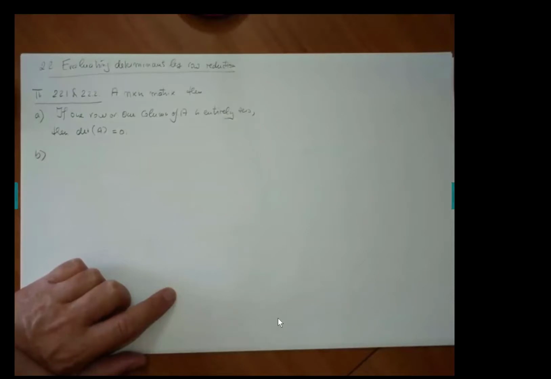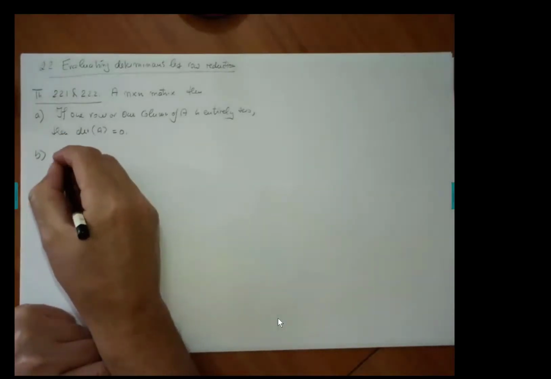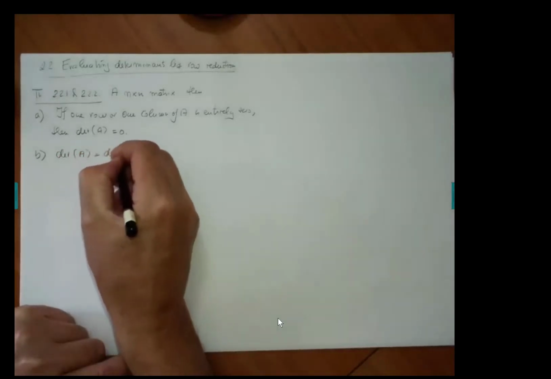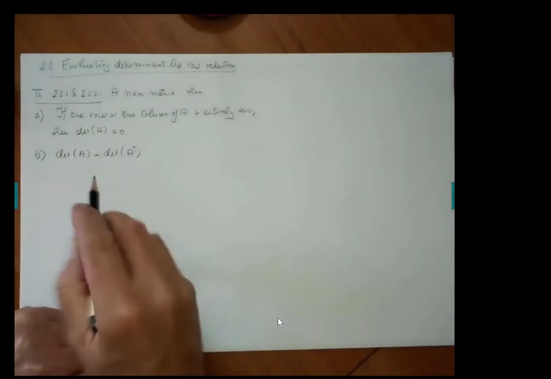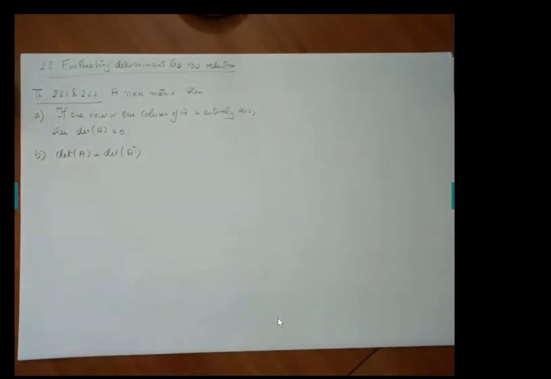That means if you calculate the determinant of A or the determinant of A transposed, you will get the same result, because row or column are totally interchangeable here. So the determinant of A is equal to the determinant of A transposed. So it doesn't matter if you look at rows or columns. Both of these results are kind of obvious.